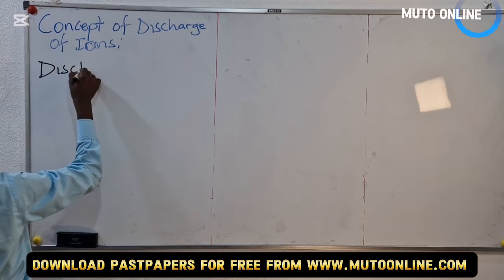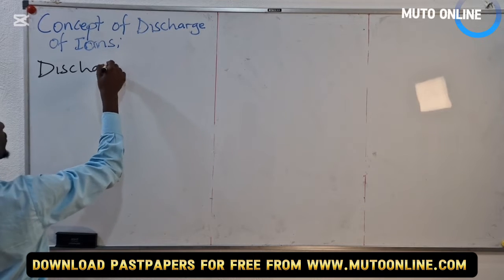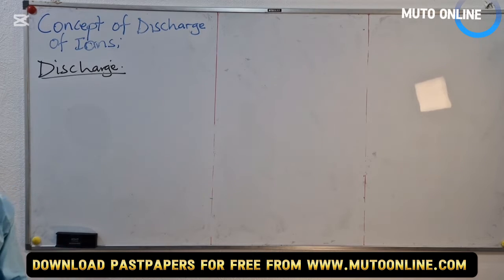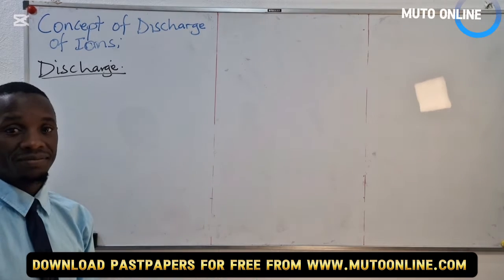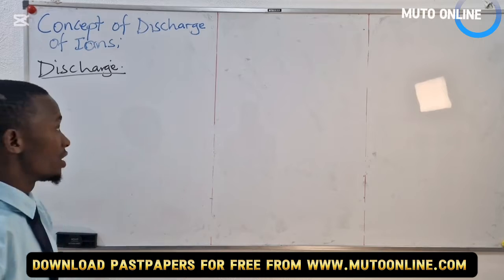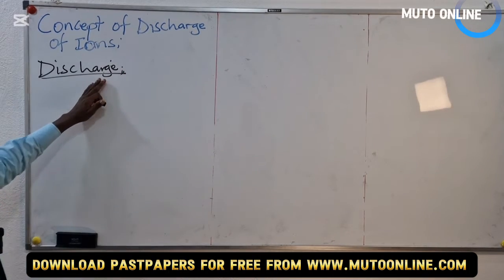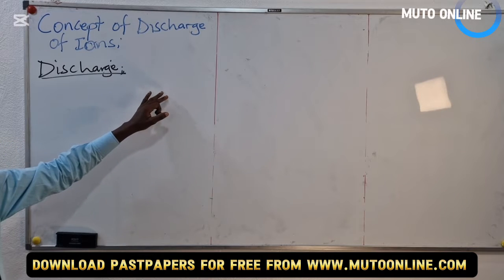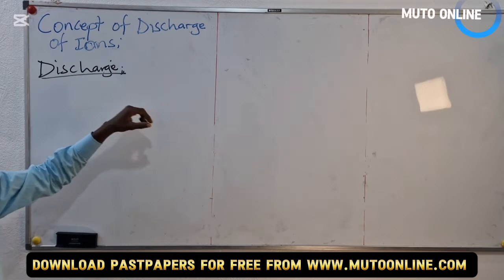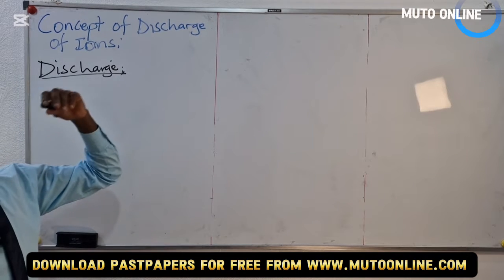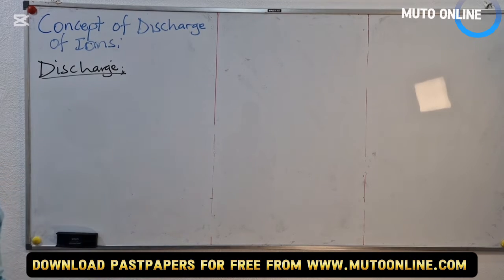Remember in the previous video, we looked at how the ions are formed. And we are now going to look at how these formed ions, as a result of an electric current passing through a molten or aqueous form of an electrolyte, can be turned back to respective atoms, neutrally charged atoms, or group of atoms, the radicals.